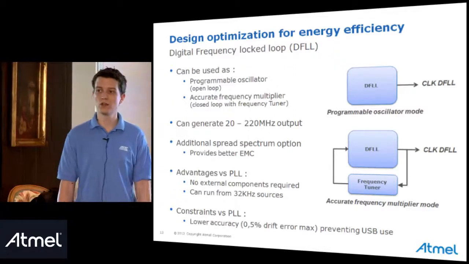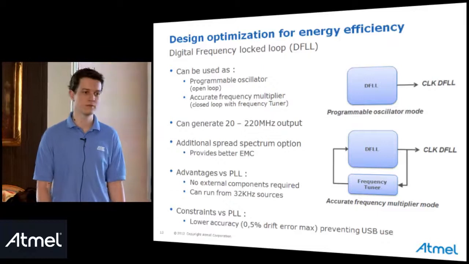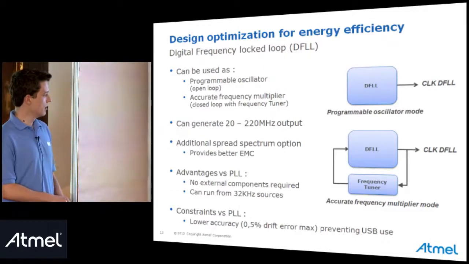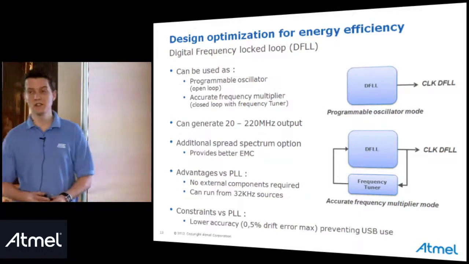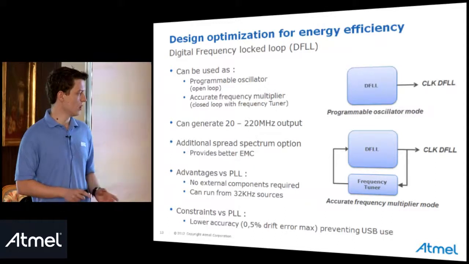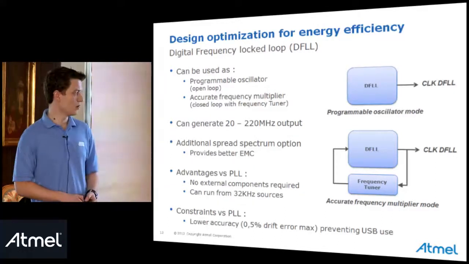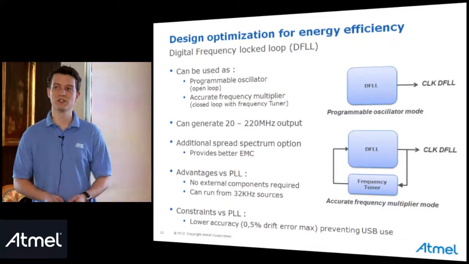You can use it to generate a high frequency without any oscillators. The constraint versus the PLL is that there's a drift in the output, 0.5% drift error maximum. So it prevents the use of USB when you are running from the DFLL.